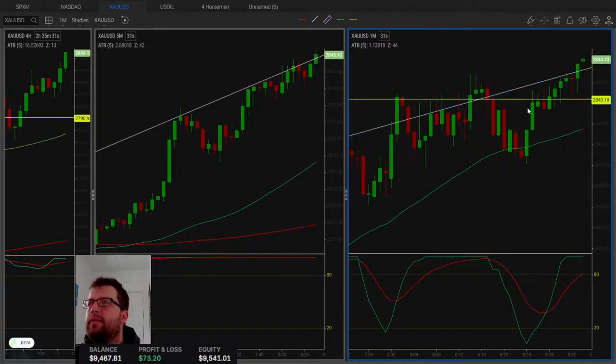So I try not to put too much stock into technical analysis on 1 minute charts, but if this is a breakout and if this is a retest, if we stay above this, then that's good. What we're really looking for is a strong breakout on our 5 minute chart. And obviously our 4 hours looking very bullish still.